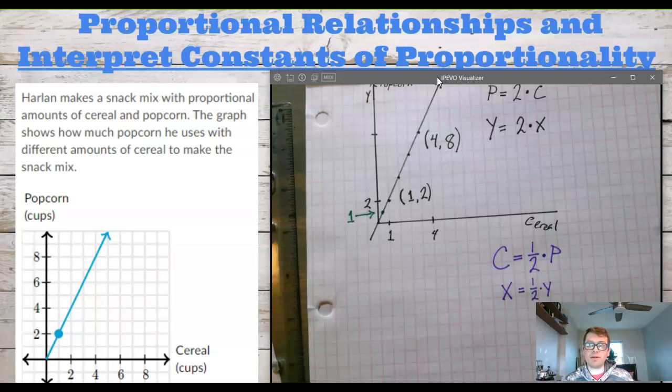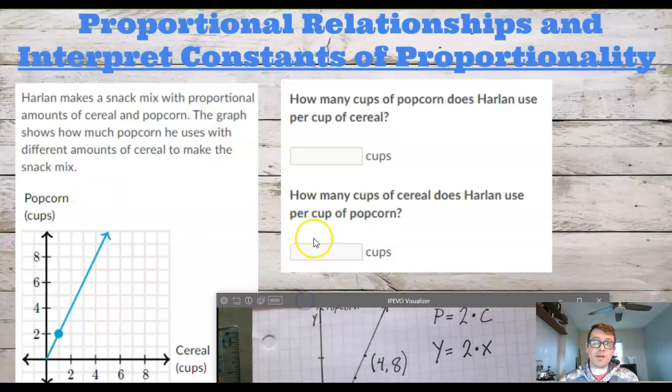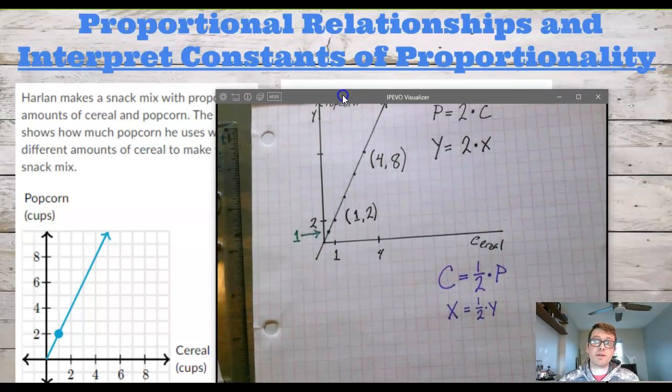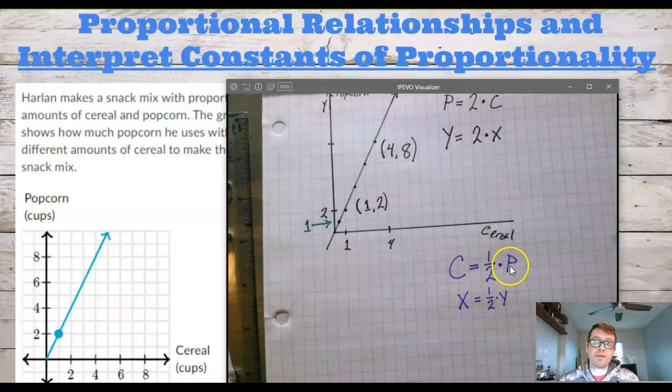Both of them can be used. And guys, you might have some siblings or some parents who try to help you out and they argue with you about things. But part 2 here, that's a unit rate and the answer is 1/2, because we use half a cup, or half the amount of popcorn. It changes, but we always use half the amount of popcorn. So cereal equals half the amount of the popcorn.